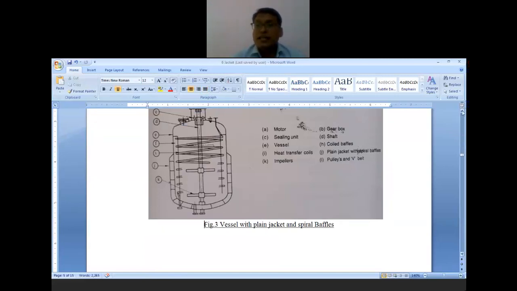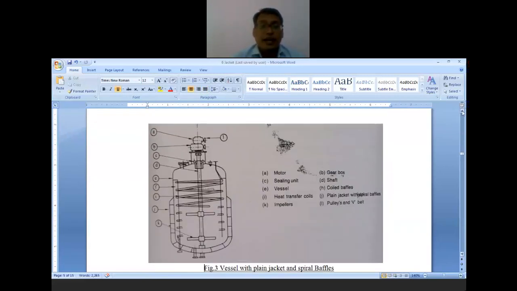Then in this figure you can see the vessel with internal baffles. You can see the baffles which are available in the jacket. That is going to create the turbulence, because the velocity that is decreased is maintained by reducing the area by putting these baffles.